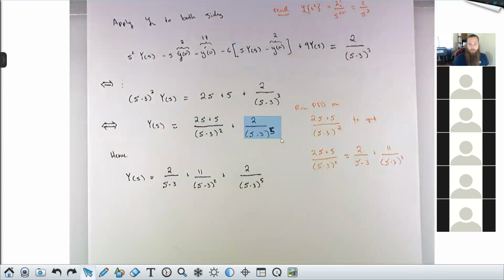The reason we don't need to run PFD on this piece is because its numerator is just a constant. So if you were to run the PFD on that, you'd find all the terms are 0 except for the constant over (s - 3)^5. So there's no need to run PFD on this because we can find the inverse Laplace transform of it on its own. And running PFD on it wouldn't yield anything. It can't be decomposed any further than that.